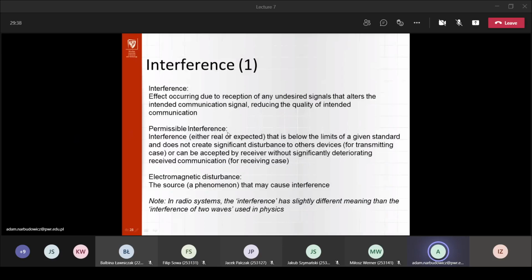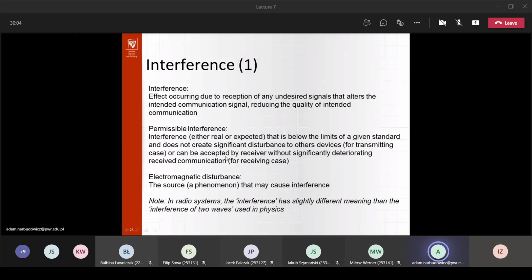Okay, so basically this means that any radio device that you're building, firstly, cannot create significant disturbance to other devices. So basically, you should be nice to your neighbors, right? That's like a technical requirement.